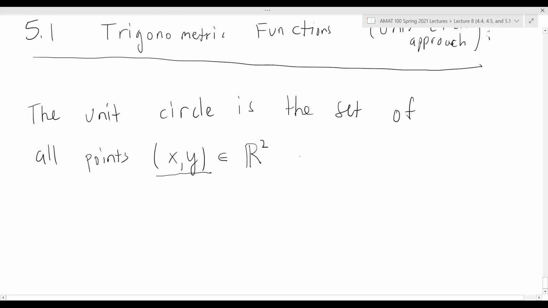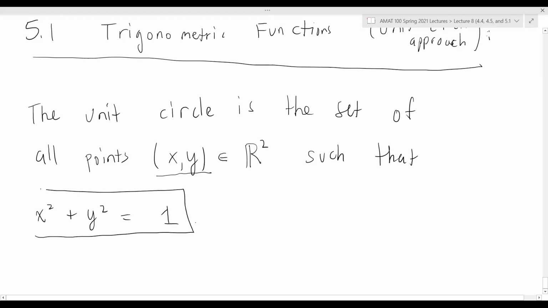But the unit circle doesn't consist of just any set of ordered pairs. It's got to be all those ordered pairs x and y such that x squared plus y squared is equal to 1. So that's the definition of the unit circle. It's all points x and y such that this equation holds. This is what it means for a point to be on the unit circle.